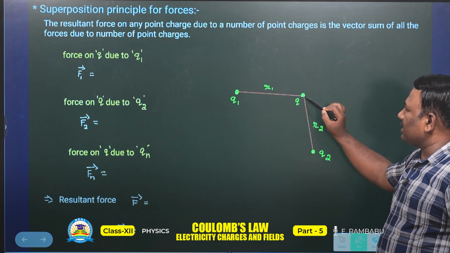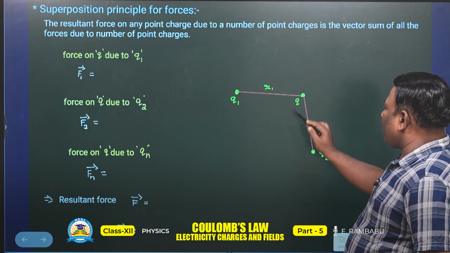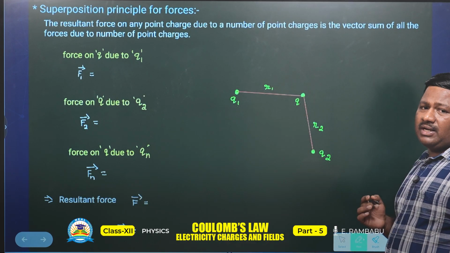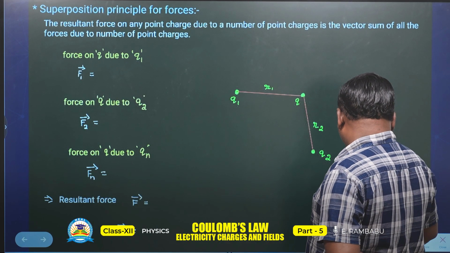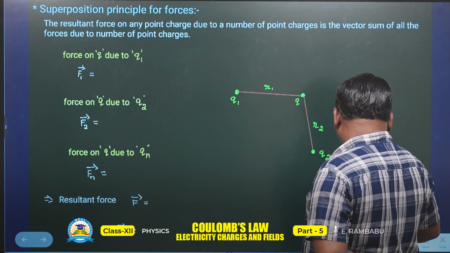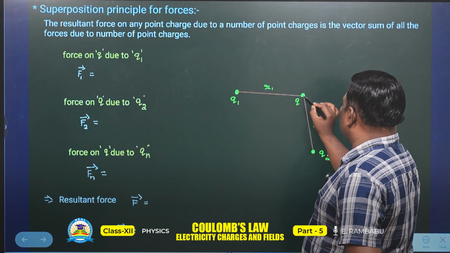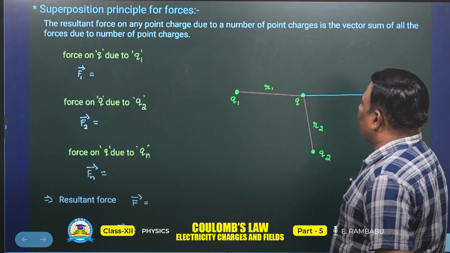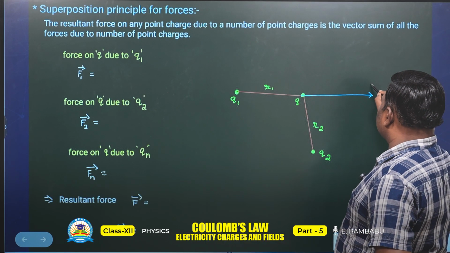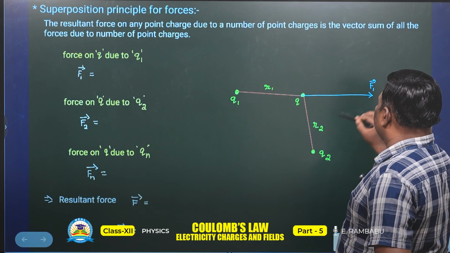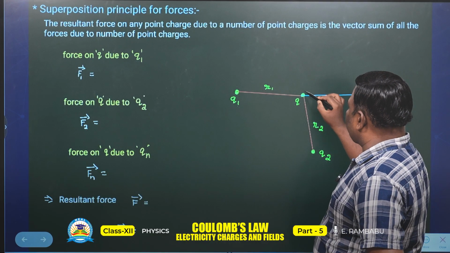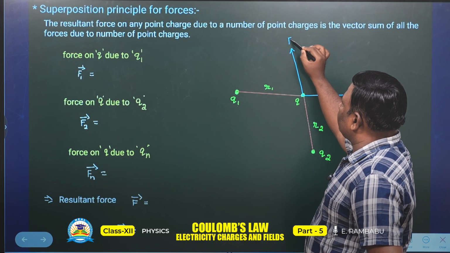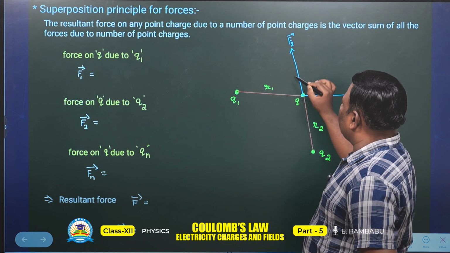Consider a charge Q. The charges Q1 and Q2 apply forces on it, and similarly we can assume n charges. The force on Q due to Q1, along the line joining Q and Q1, is F1 bar. Similarly, Q2 also applies a force on Q along the line joining them, which is F2 bar.